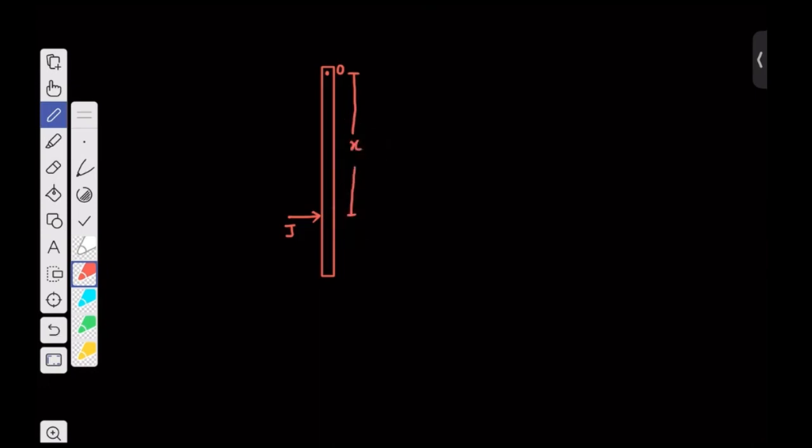So what we have here is a uniform rod of mass m and length L suspended in a vertical plane about the point O, and we are applying an impulsive force perpendicular to the rod at a distance x below the point of suspension. And we are supposed to determine the angular velocity this rod will get just after the application of the impulse.